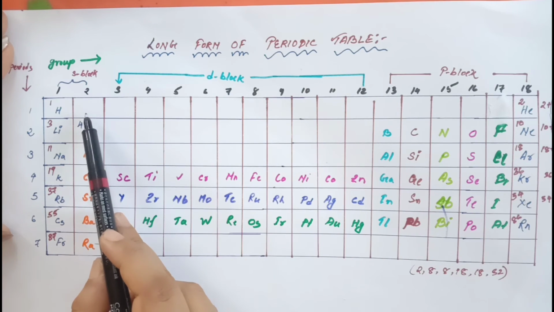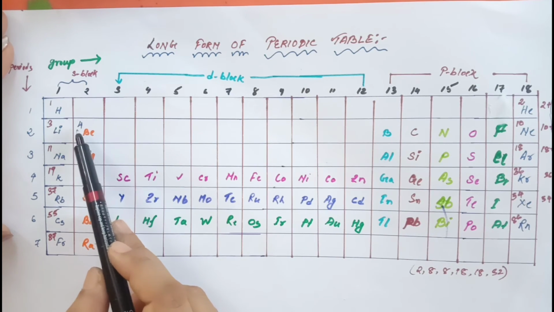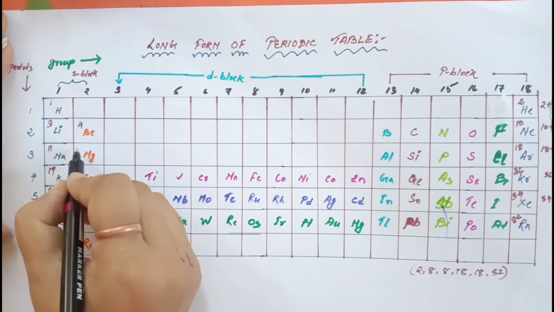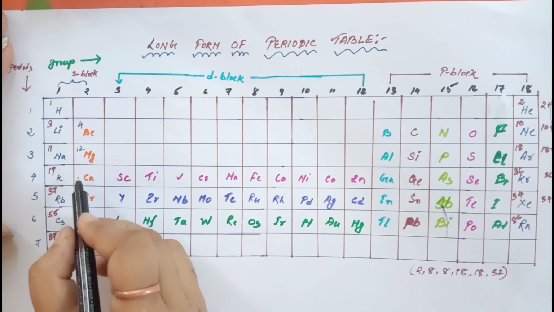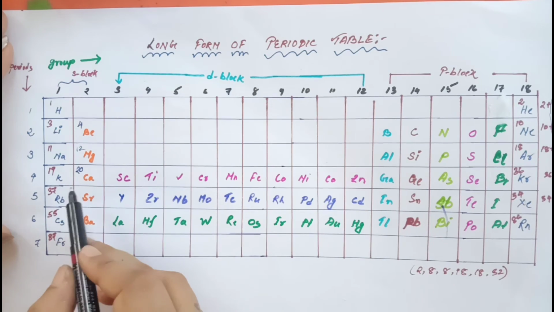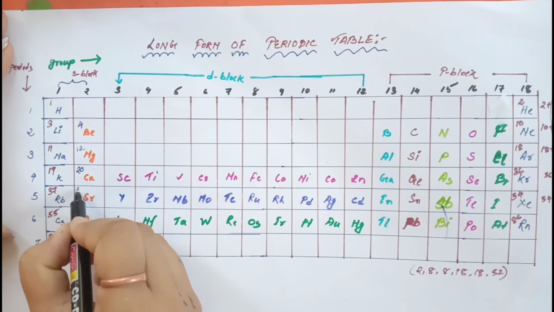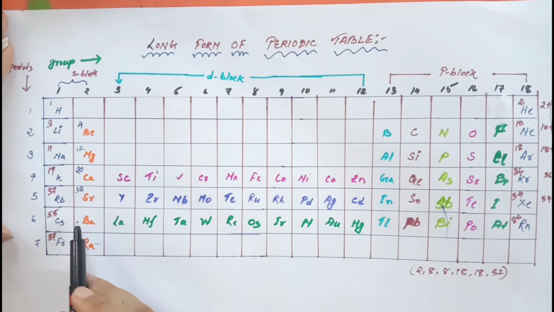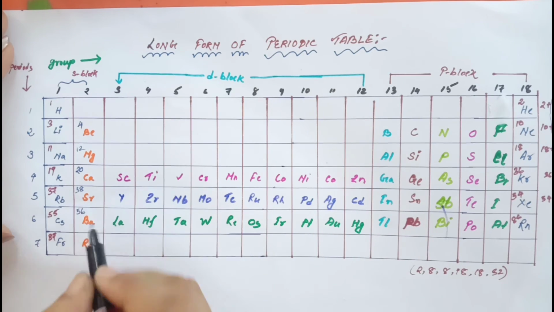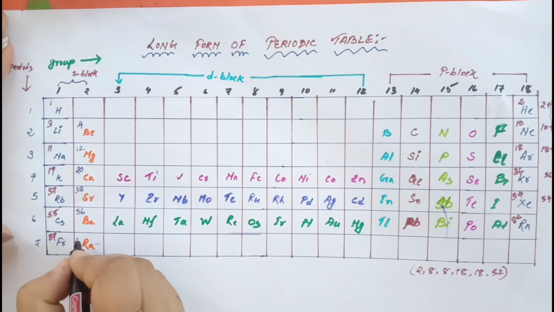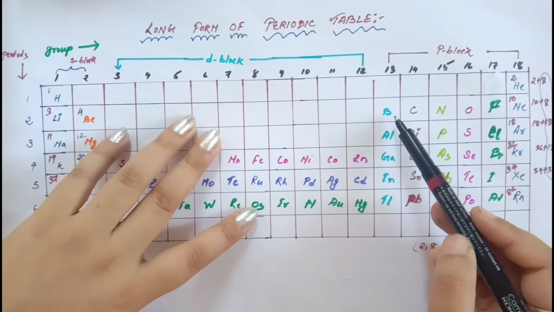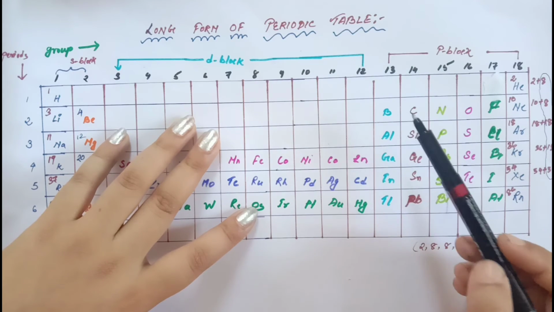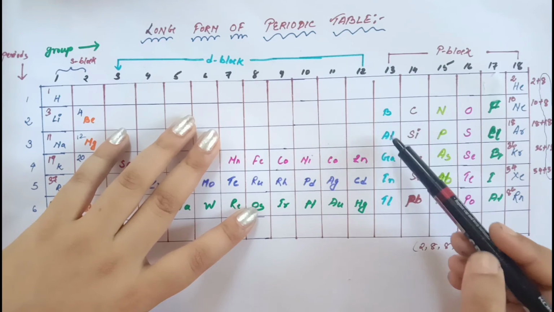Since the first period element is absent here, we have to add 4 plus 8, that is 12. 12 plus 8 is 20. 20 plus 18 is 38. Then 38 plus 18 is 56. Then 56 plus 32 is 88.